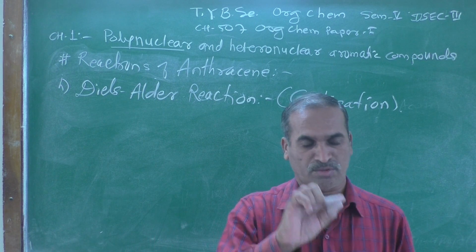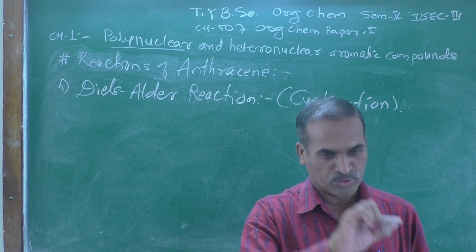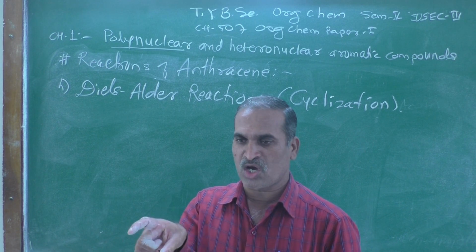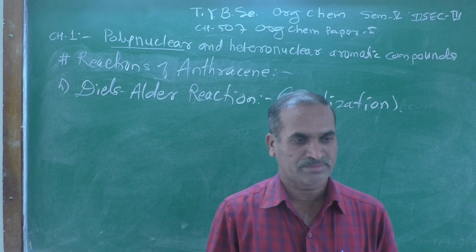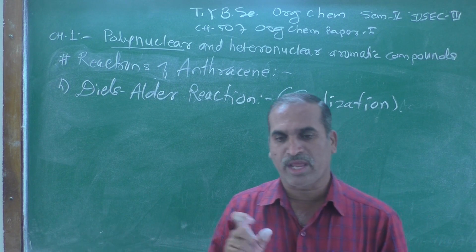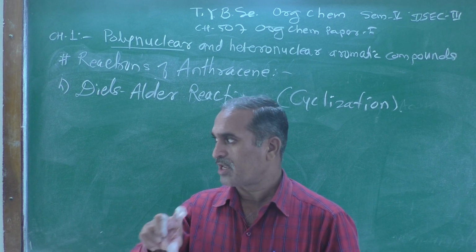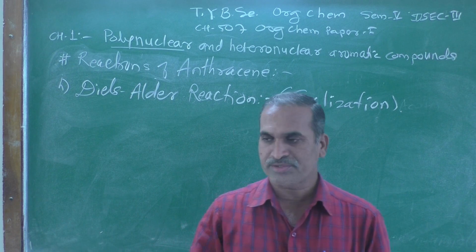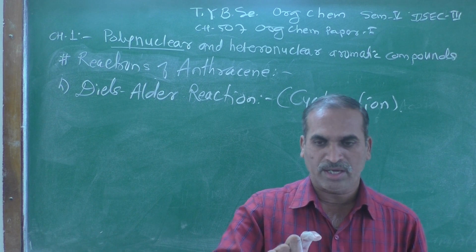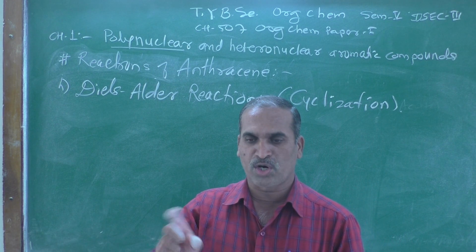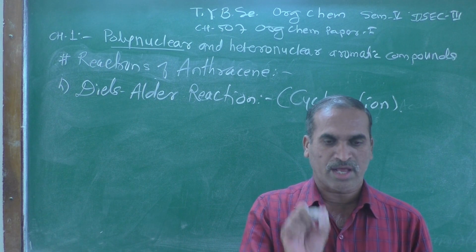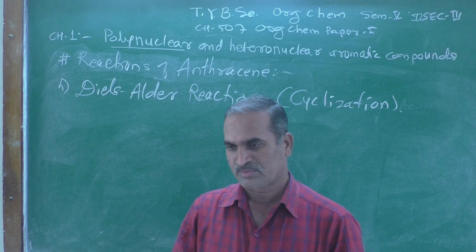Pericyclic means electrons are moving in one direction, either in a clockwise manner or a counterclockwise manner, and there is a formation of rings. These reactions are concerted reactions. Concerted reaction means the breaking and forming of bonds take place simultaneously, just like the SN2 reaction.